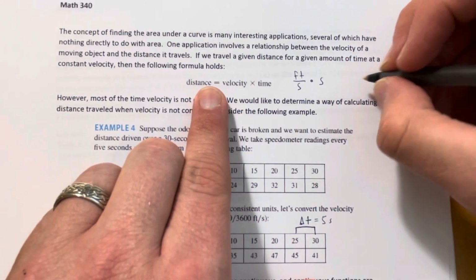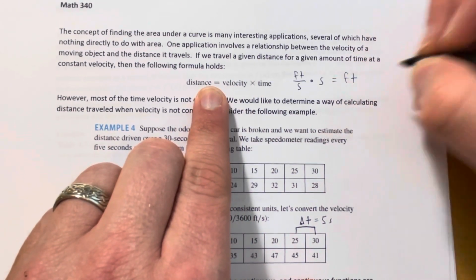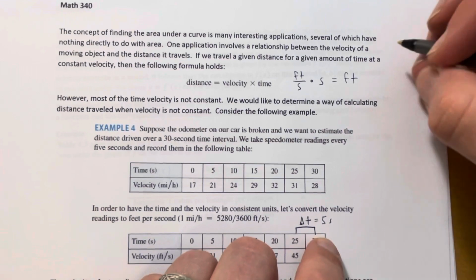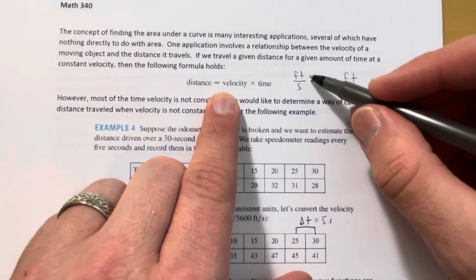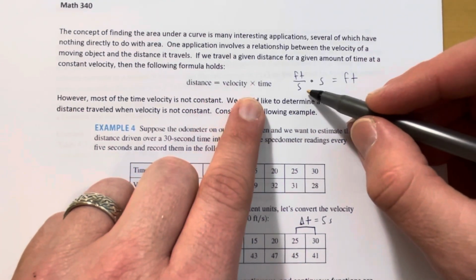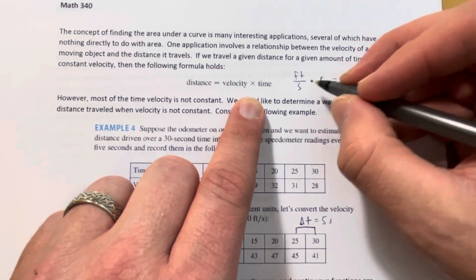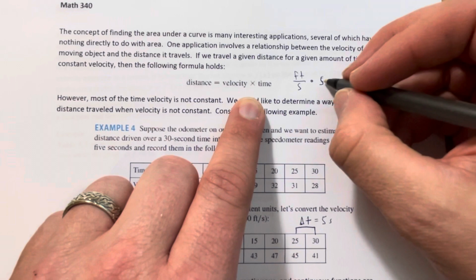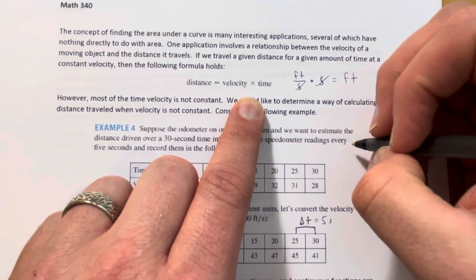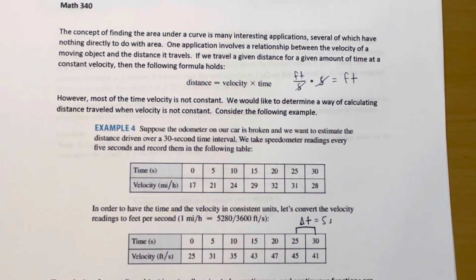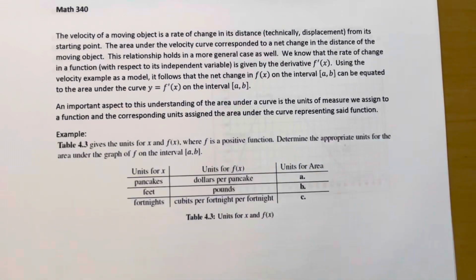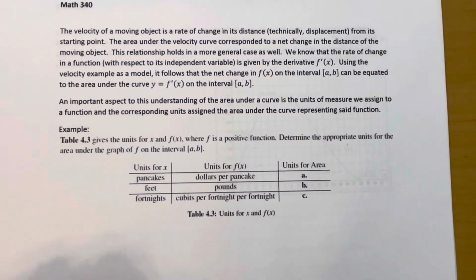And distance is measured in feet. So if I'm just looking at the units, notice that the velocity looks like a fraction, and the thing I'm multiplying it by has the units that correspond to the denominator of that fraction. When they cancel, it gives me that feet right there. That's going to happen anytime we're using a function that can be interpreted as a rate of change.